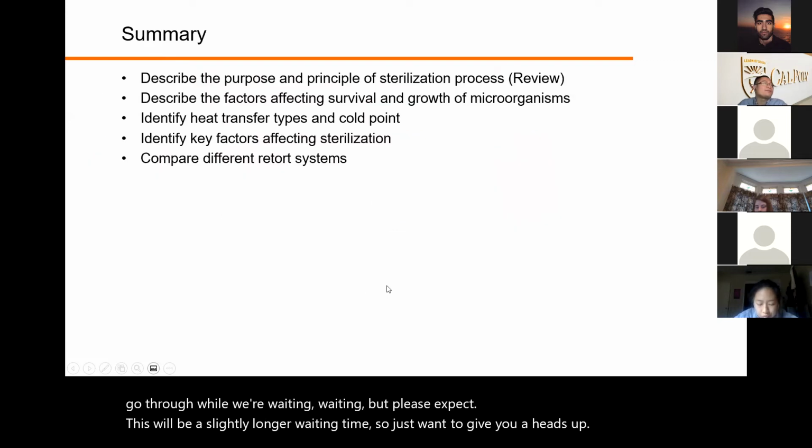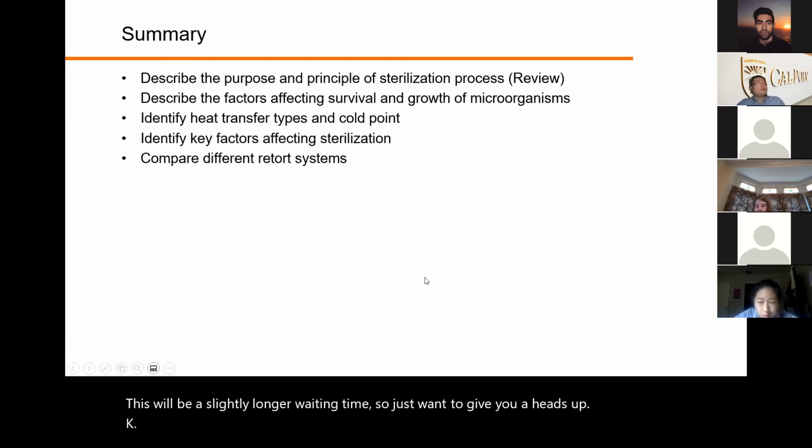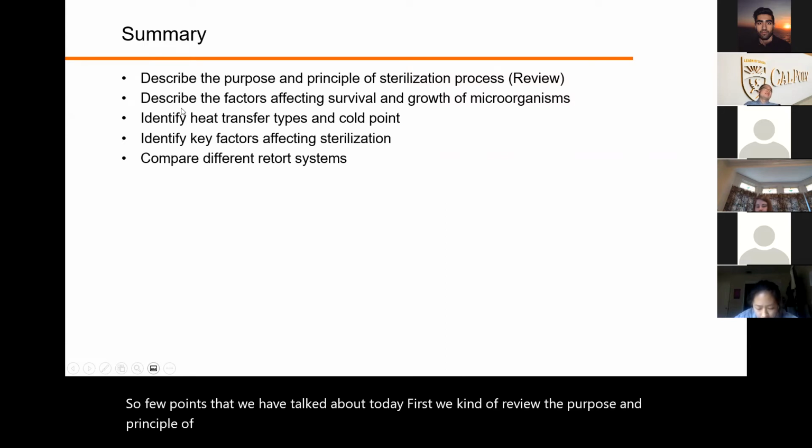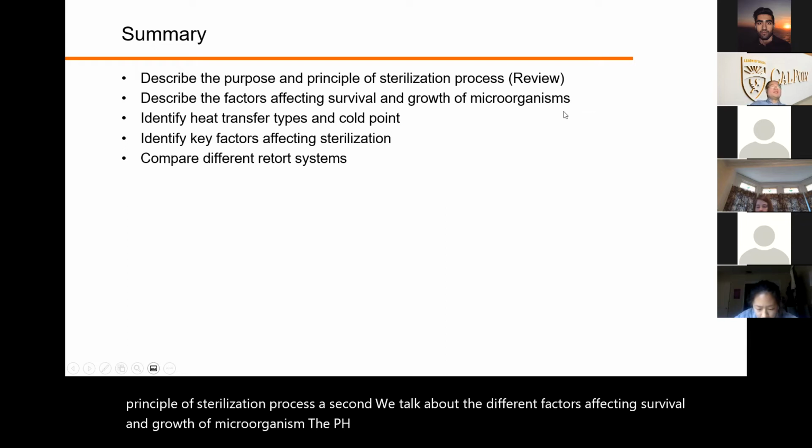Okay. A few points that we have talked about today. First, we reviewed the purpose and principle of the sterilization process. Second, we talked about the different factors affecting survival and growth of microorganisms, the pH and the water activity, right?